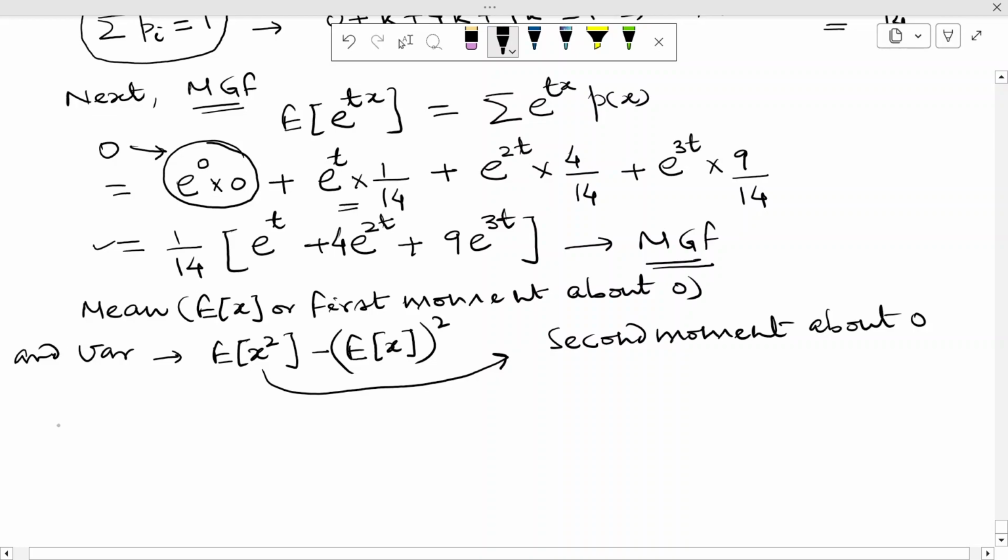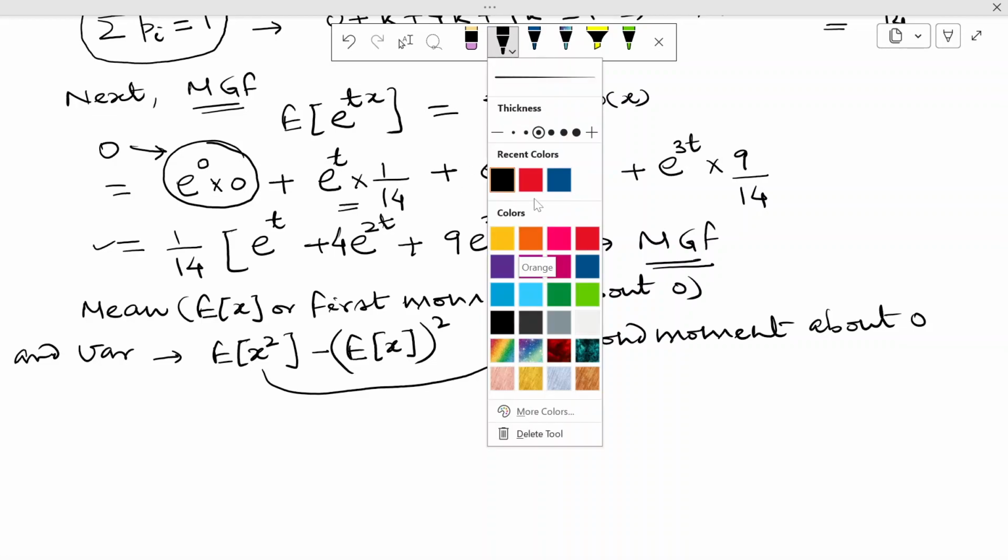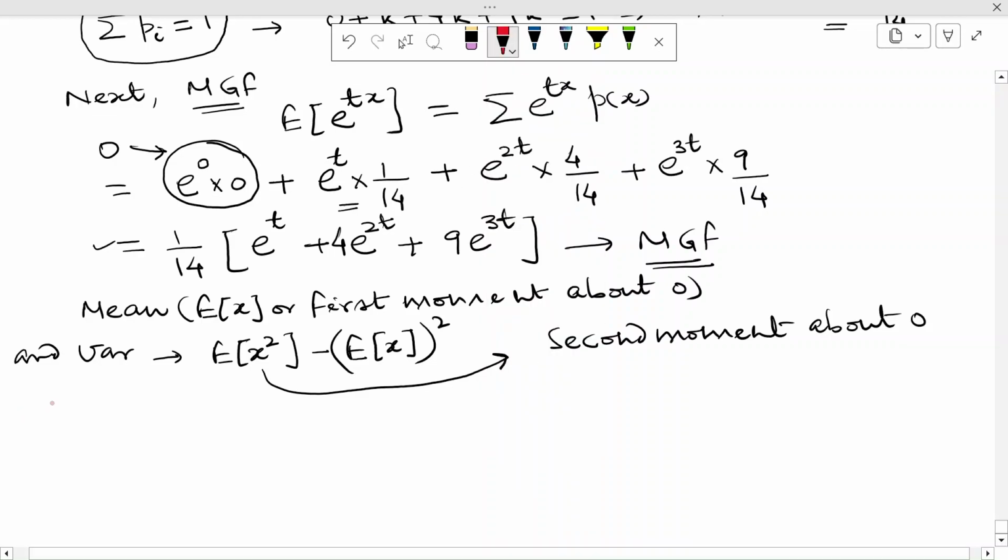Let us start with the first method, by collecting the coefficients of different powers of t. You can use either method.